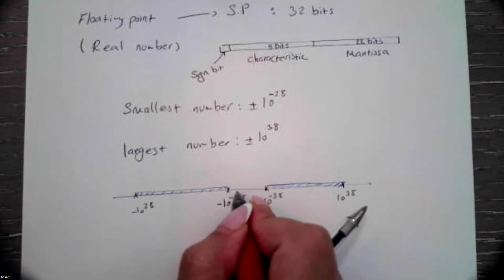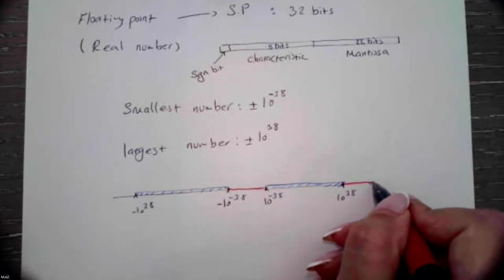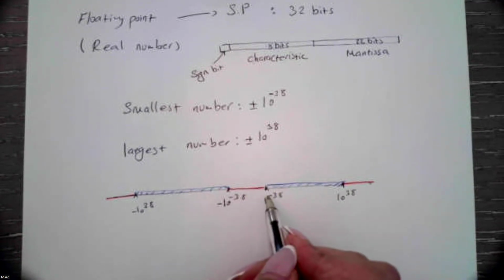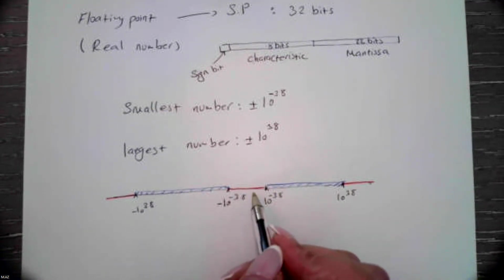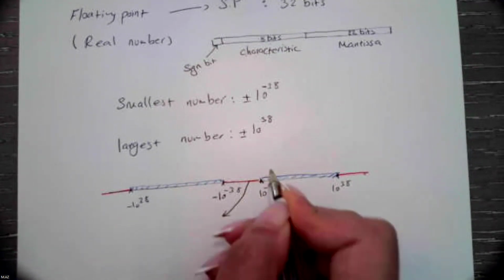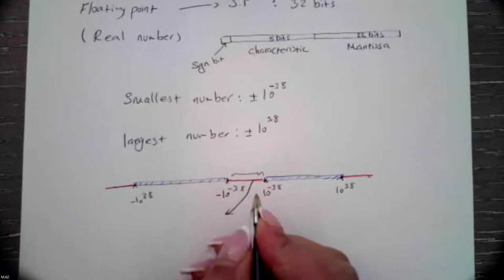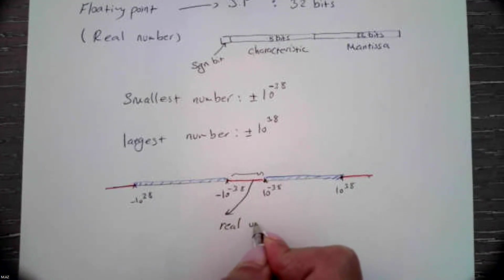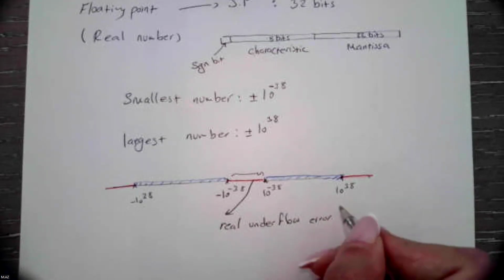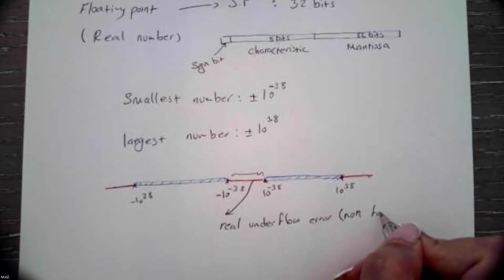But how about this part and this part? Okay, if you are attempting to store any number smaller than these two values, the system resets to the nearest of these numbers. Okay, this area is called real underflow error, which is non-fatal.